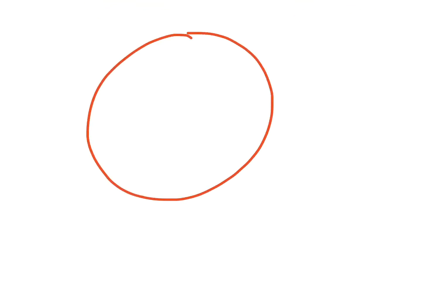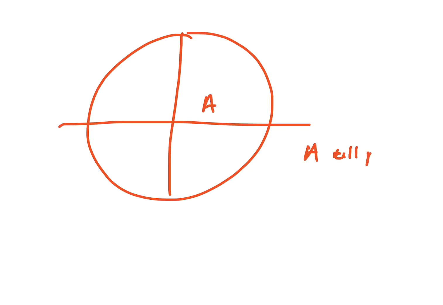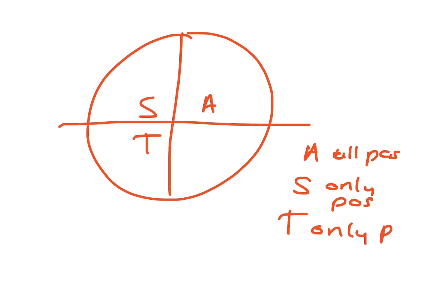So just in summary, if we have our unit circle, all of them are positive there. So that means all positive. That's sine, cos, or tan. Sine only is positive. The other two are negative in that quadrant. Tan only in that one.